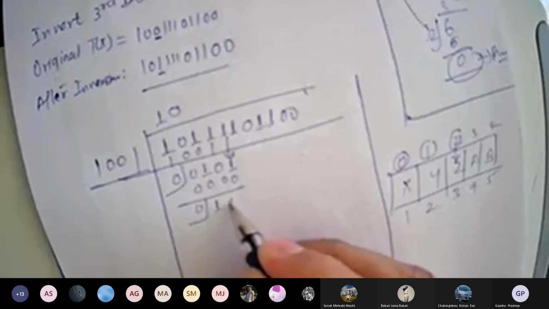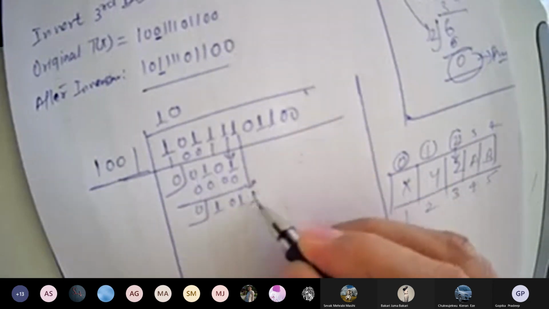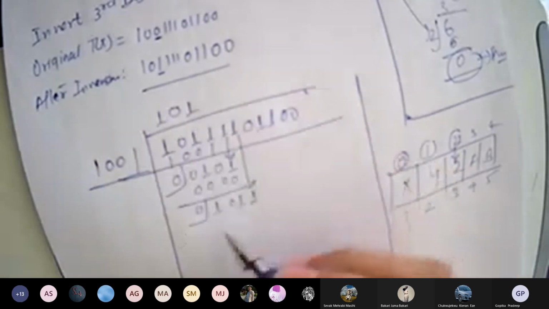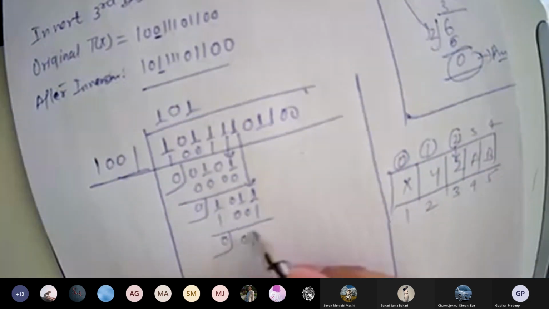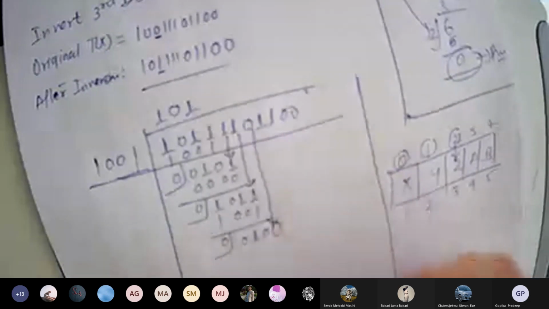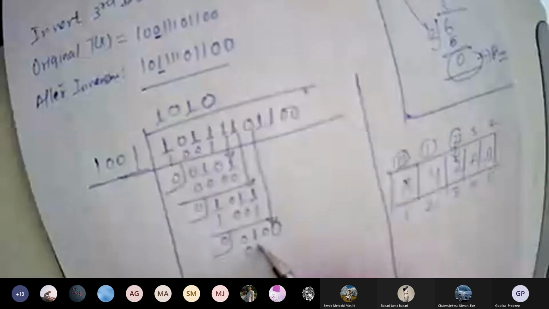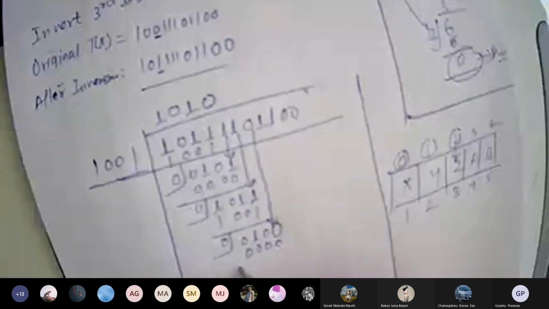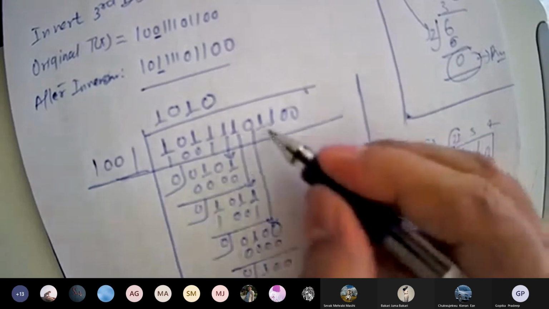This 0 you discard. 101, you take this one. How many times? One time. 1001. 0 discard. 010. Take this 0. How many times can you divide? 0 times. So 0000. 0 discard. 100.